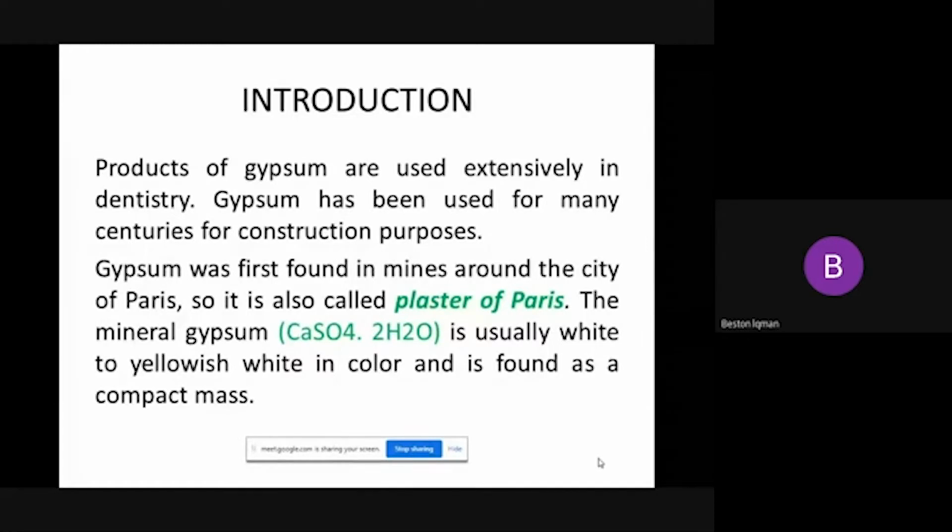That's why we call it plaster of Paris. The mineral gypsum, its chemical name is CaSO4.2H2O. It's usually white to yellowish white in color, as found in nature.